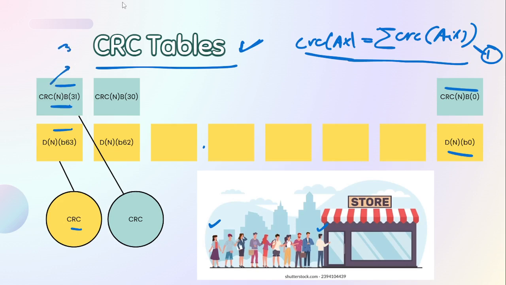So there are 32 bits of CRC state behind it, 32 bits of CRC state behind it, and 32 bits of CRC state behind it. So there is 32 bits of CRC behind every bit of CRC, and there is 32 bits of CRC behind every data bit. All 64 bits will have a data bit. So this is the general idea. Once you grasp this, then you start understanding what table-based CRC really means here, right?